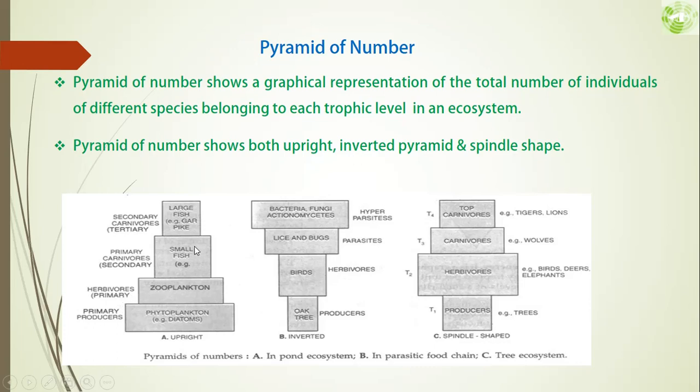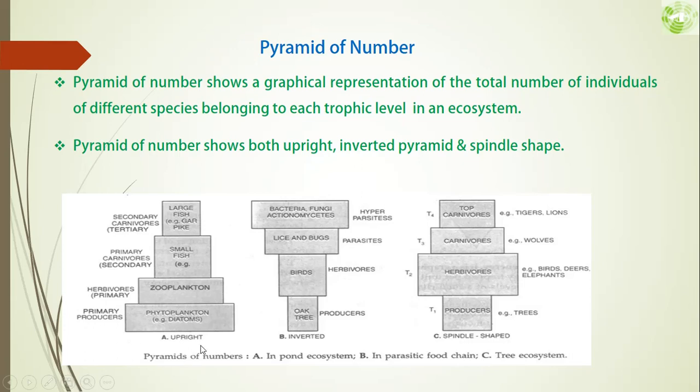The small fish feed on the zooplankton; these are the secondary consumers. On these small fishes, the large fishes, which are very less in number, shown by a small box, feed.